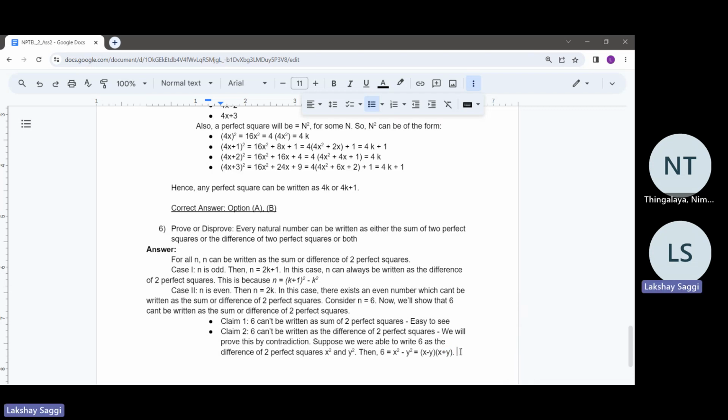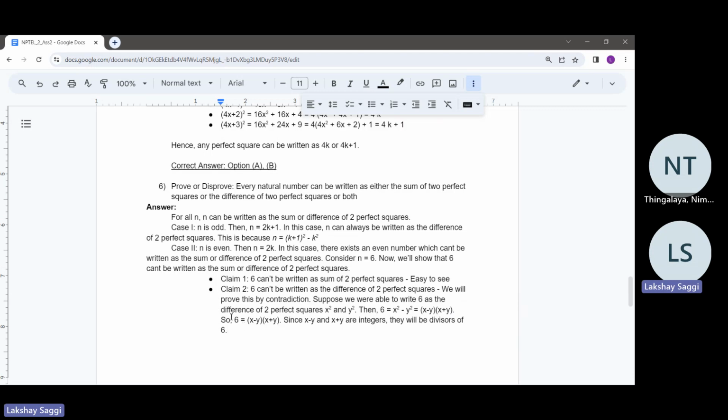So basically, maybe I should write a bit more. So 6 is equal to x minus y times x plus y. Since x minus y and x plus y are integers, they will be divisors of 6.